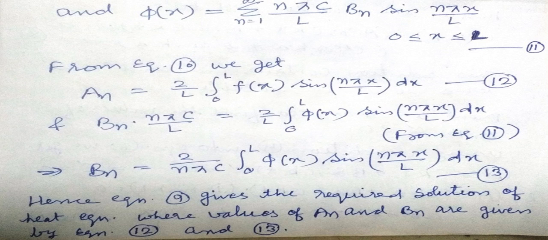This we have received from equation 11, which can be written as bn equal to 2 upon n pi c integral phi(x) sin n pi x upon l dx. Now equation 12 and 13 have been received by using the concept of Fourier series. So finally equation 9 gives the required solution of the wave equation, and the values of an and bn can be given by equation 12 and 13 respectively.